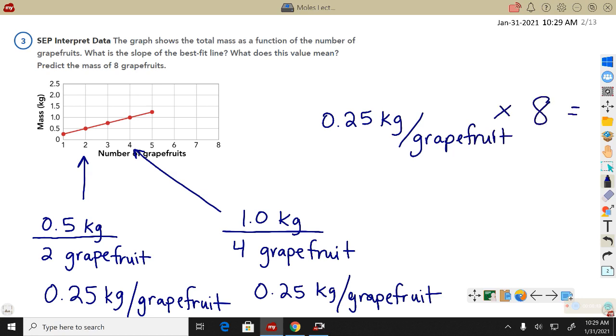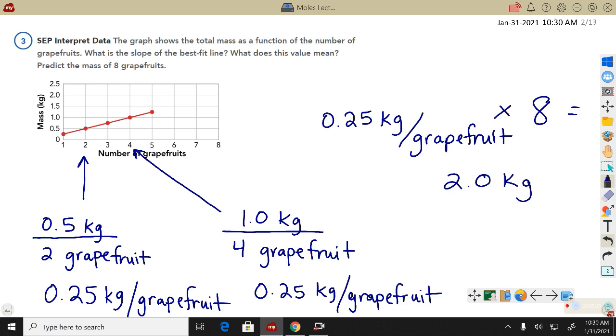And then what would we say? 0.25 times 8 would be like about 4? Oh, wait a second, 0.25, that's 2, hello. 2 kilograms. Look at that. 0.25 times 8. 2 kilograms should be the mass of 8 grapefruit.